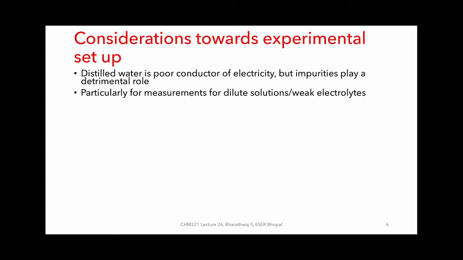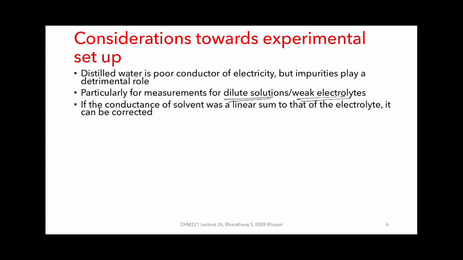And this would become a menace for measurements involving dilute solutions or weak electrolytes, largely because when you have very dilute solutions, the number of ions responsible for conductance is very small. Now, if impurities are present, they might start conducting themselves and would create problems. Therefore, the need for the solvent to be pure is of imminent importance.